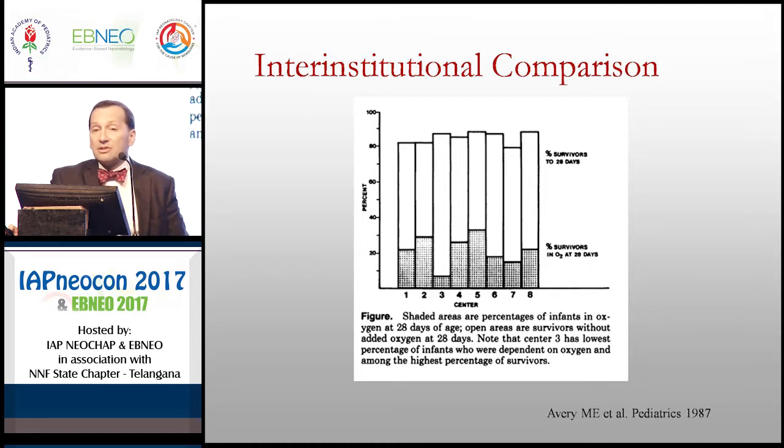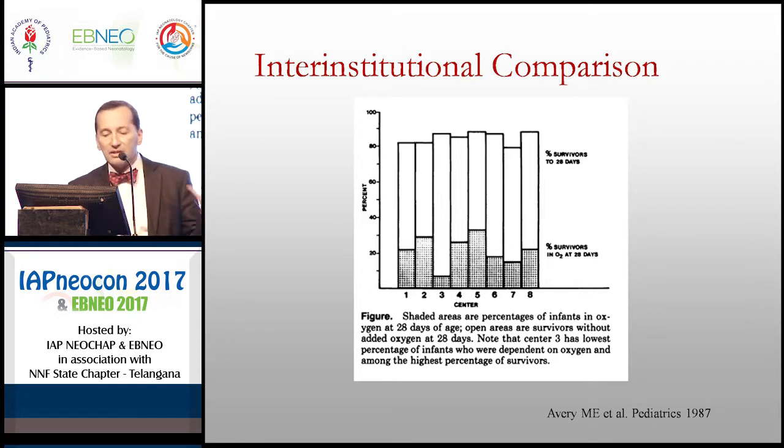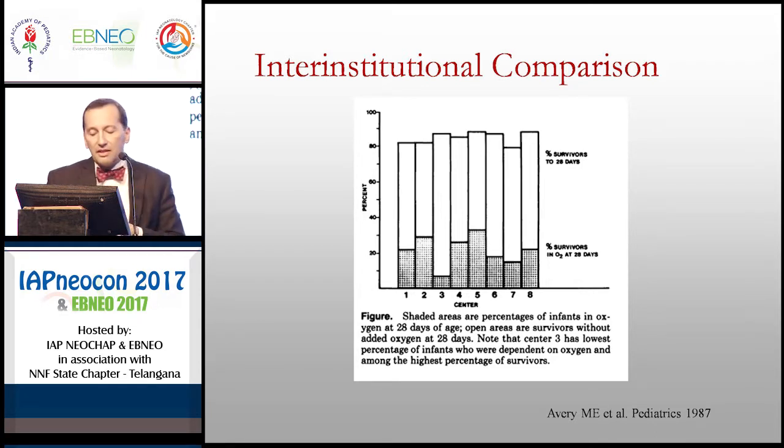Dr. Avery used to like to tell the story that the nidus of this was actually a conversation that occurred in an airport with a flight delay, when the directors of units were coming back from a conference just like this and started discussing the fact that their mortality rates amongst VLBW patients seemed to be very similar from unit to unit. But lo and behold, the bronchopulmonary dysplasia rates seemed to differ quite substantially.